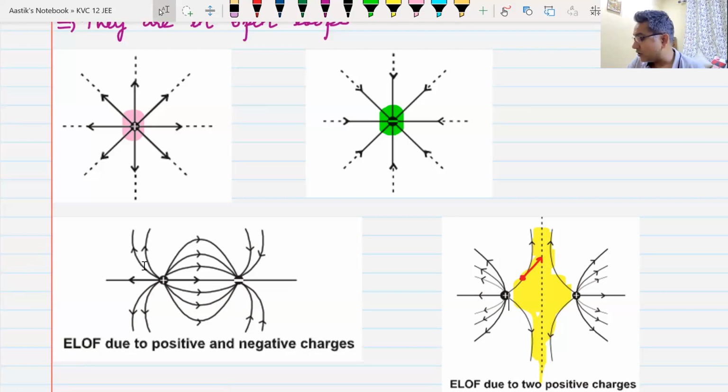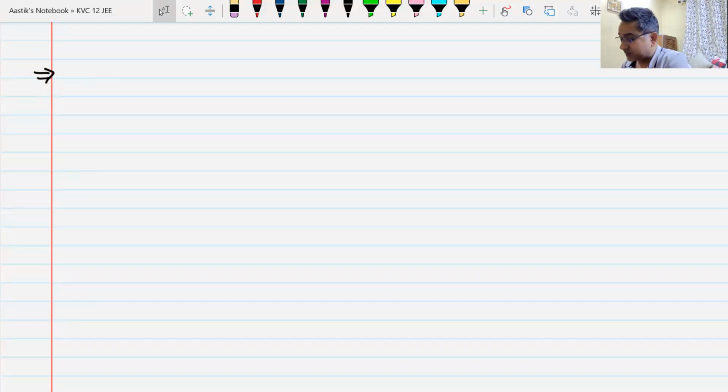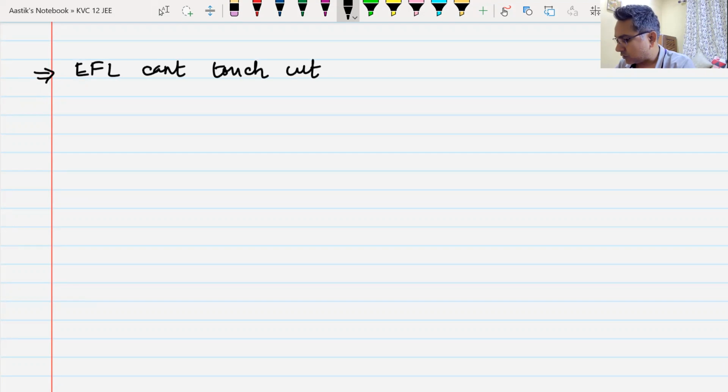Electric field lines cannot cut, cross or touch each other, because if they did, you could draw two tangents, which is not possible.